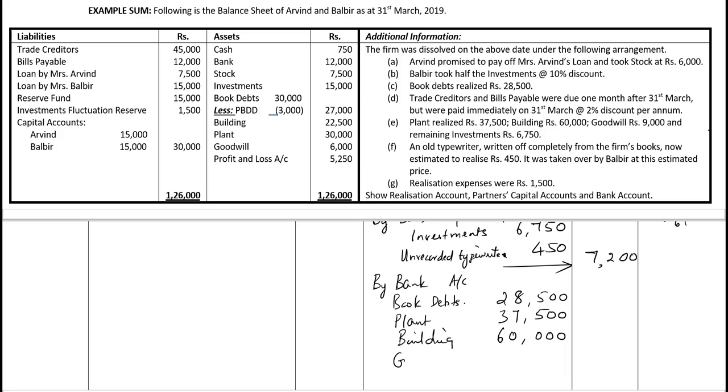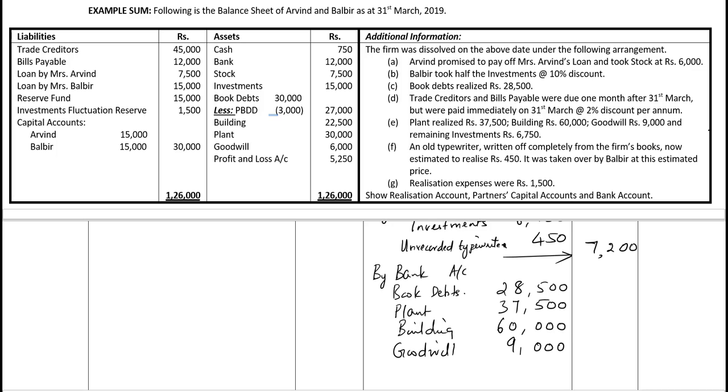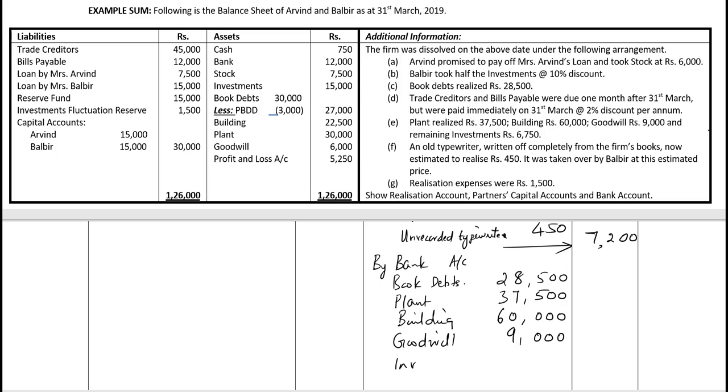Goodwill 9,000 rupees. And the remaining investments realized 6,750 rupees. Total amount realized from sale of assets is 1,41,750 rupees.